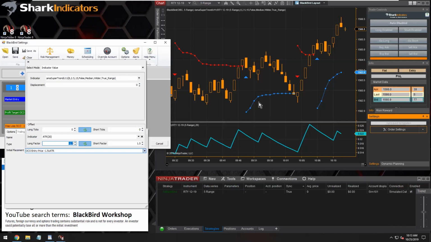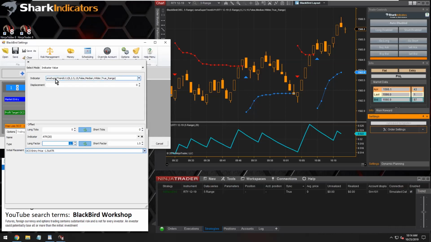It would need to calculate the offset distance, in other words the distance in points from the close of the bar down to the indicator, as an output.